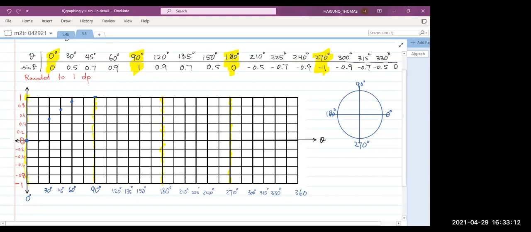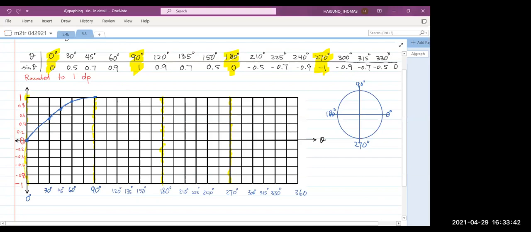Okay, so later on you see the graph of sine from the first quadrant. If you write the angle horizontally, it will look like this. Now go on with the second quadrant.